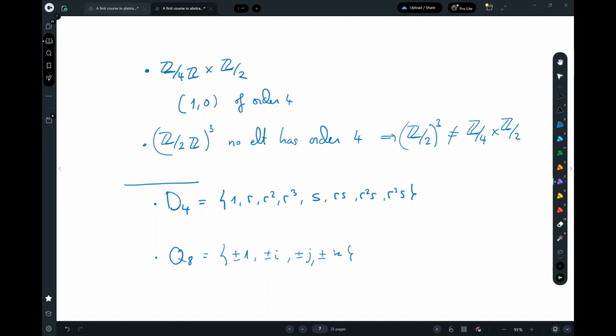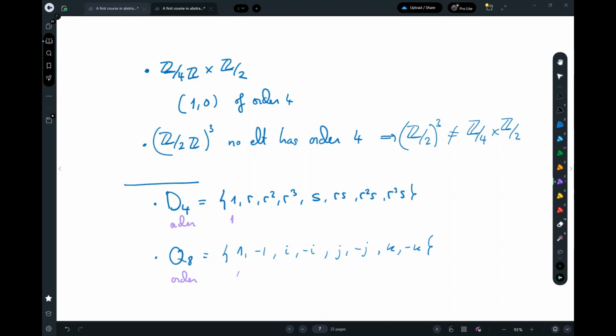Let's look at the order of each element. Let me write this in a different way. So I have all the elements listed here: 1, minus 1, i, minus i, j, minus j, k, minus k.